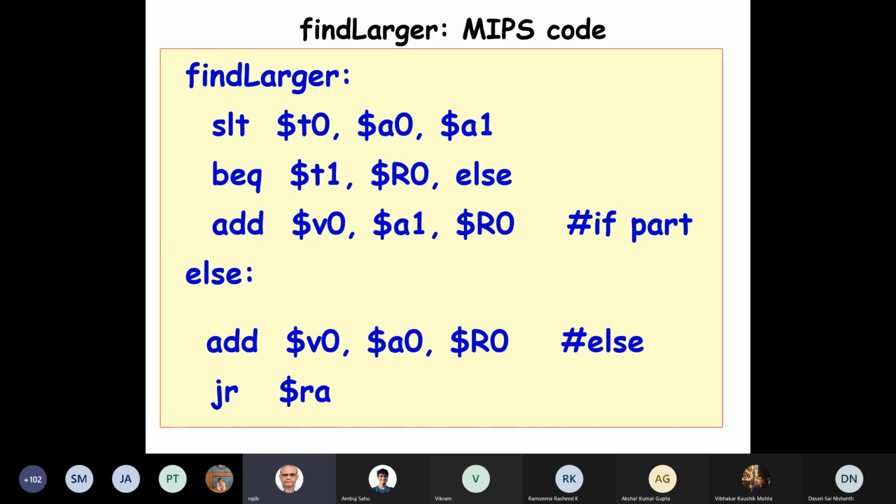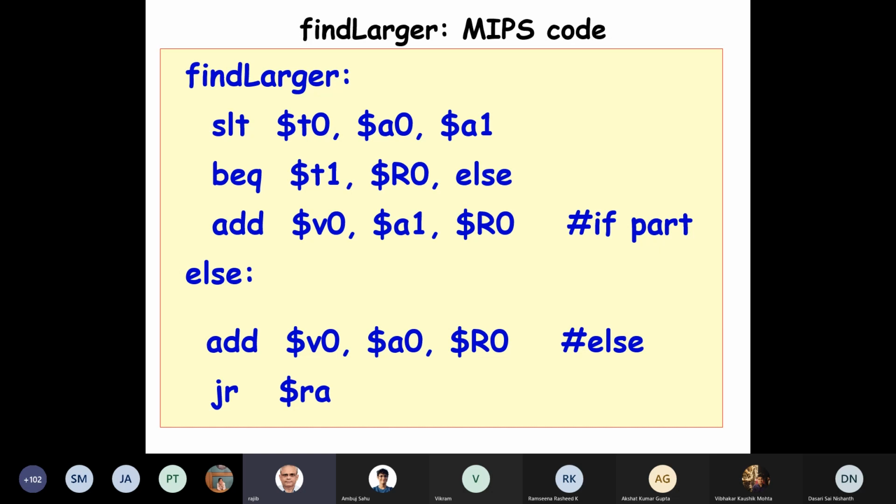Okay. So find larger becomes the label. So we compare A0, A1, and we set T0 based on whether A0 is less than A1. So T0 will contain 1 if A0 is actually less than A1. Otherwise, it will contain 0. Now, if it is 0, branch equal to 0, we compare with R0 and T1.